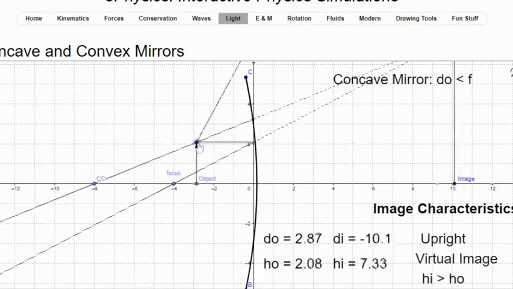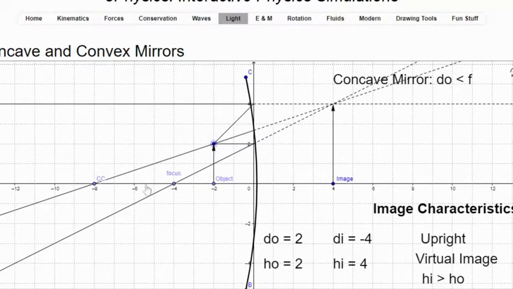So while they never actually intersect, because they're diverging, there appears to be a point behind the mirror from which those light rays originate. The light rays appear to be coming from a point behind the mirror.